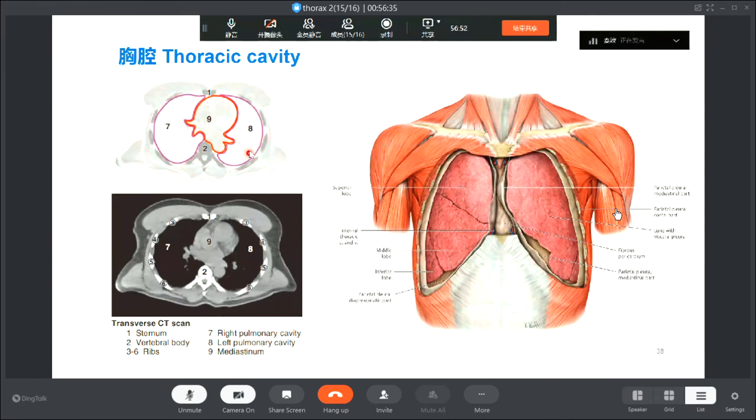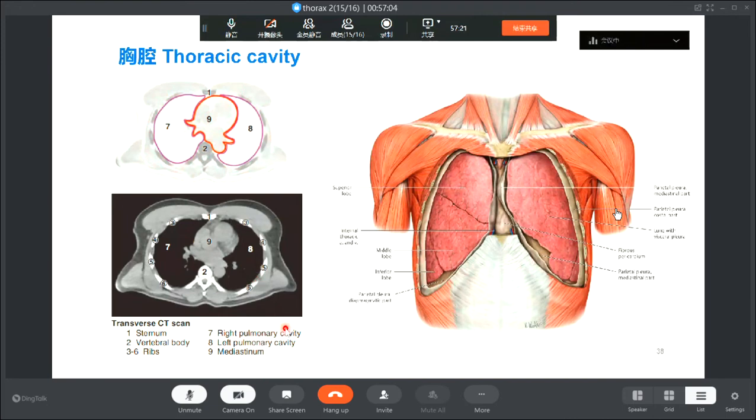The central part is the mediastinum. Part seven encloses the right lung, part eight the left lung, and the ninth, central part is the heart, which lies in the mediastinum.